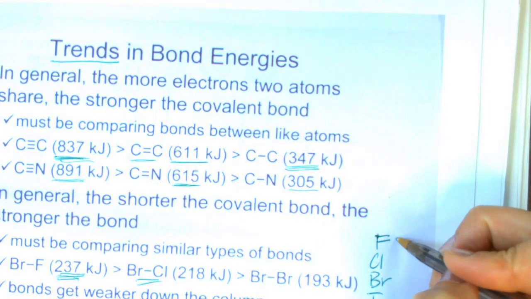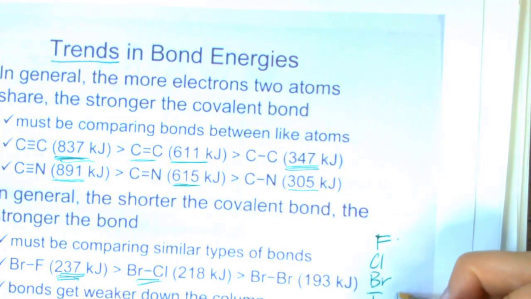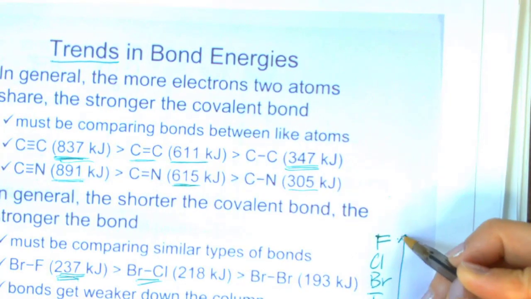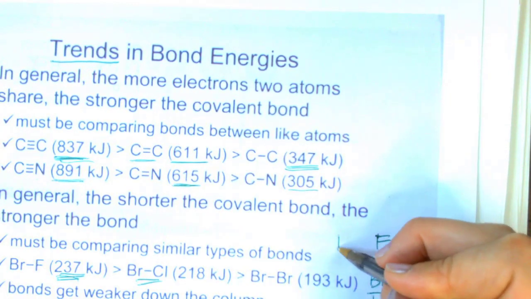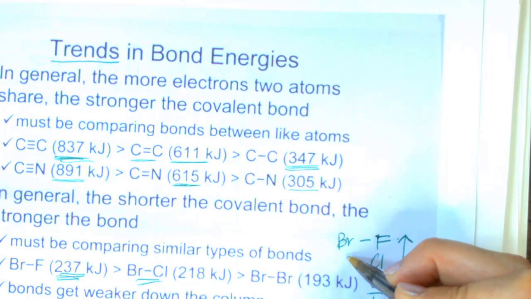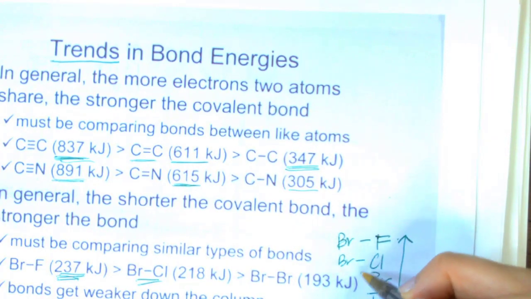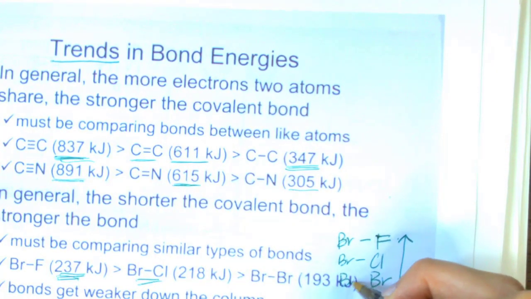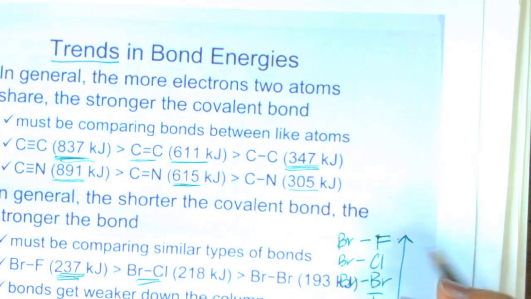So bonds get weaker as we go down the column, and as we go up, they get stronger. Bromine to fluorine is stronger than bromine to chlorine, which is stronger than bromine to bromine. As we go down, those atoms get bigger, and so it's easier to break that bond.